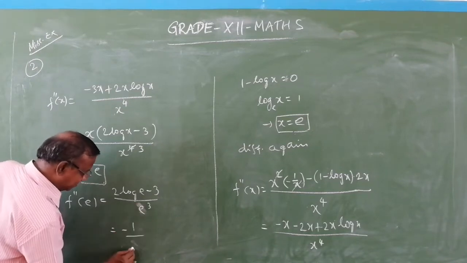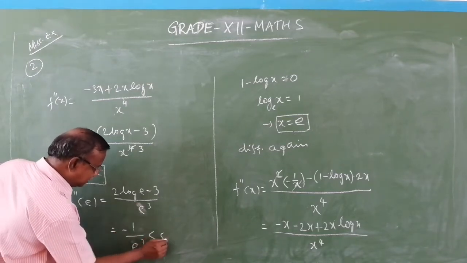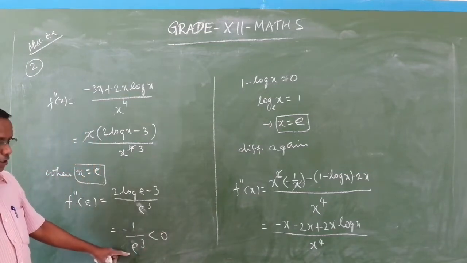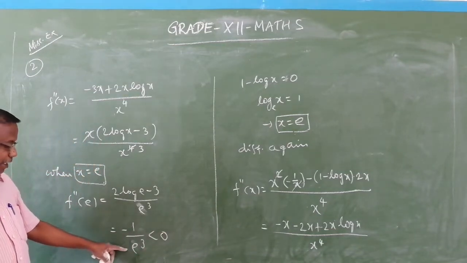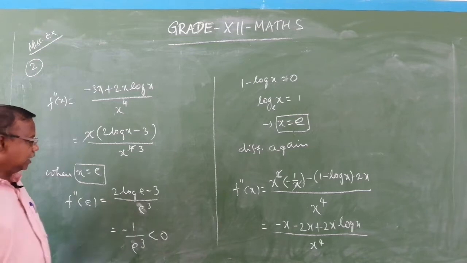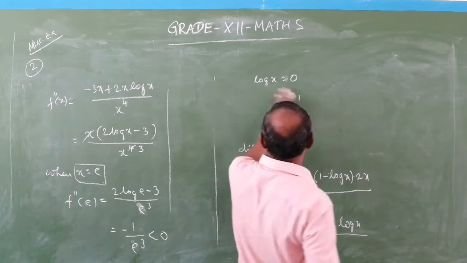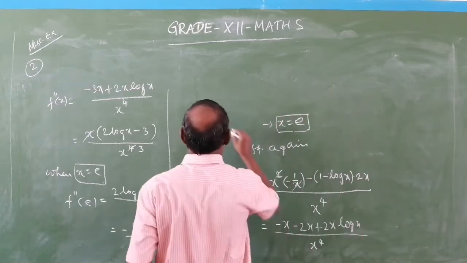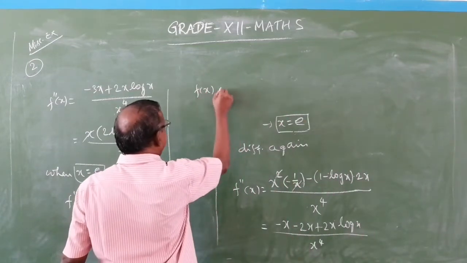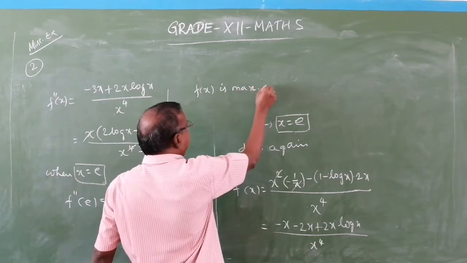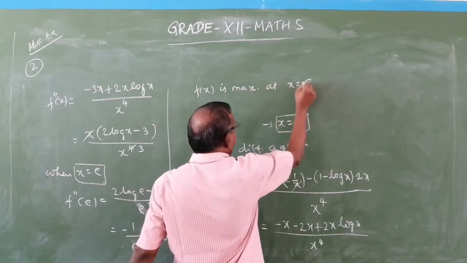This is less than 0, because e is always positive and minus 1 by e cube is a negative quantity. Therefore the function f of x attains the maximum value when x equal to e. So f of x is maximum at x equal to e.